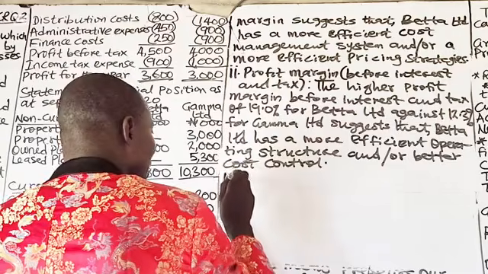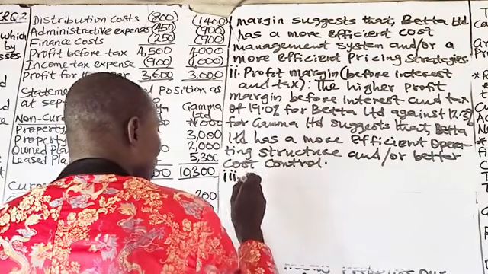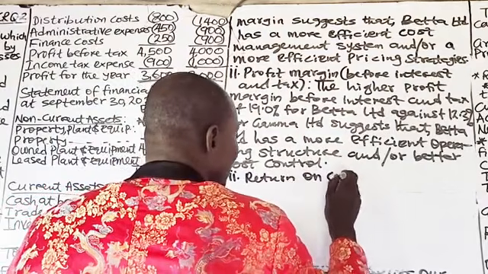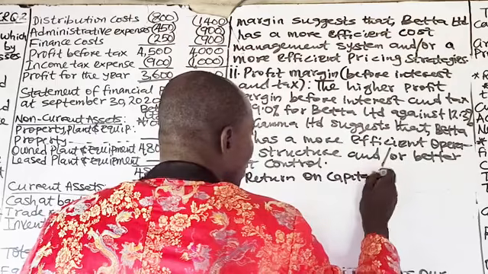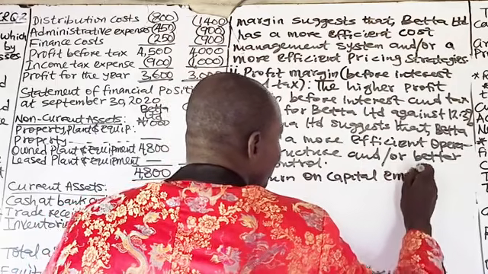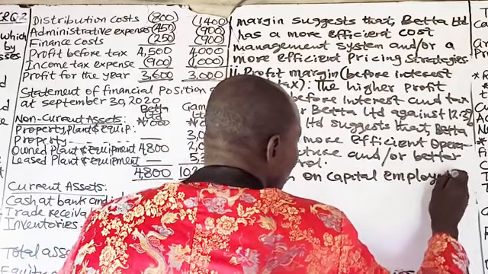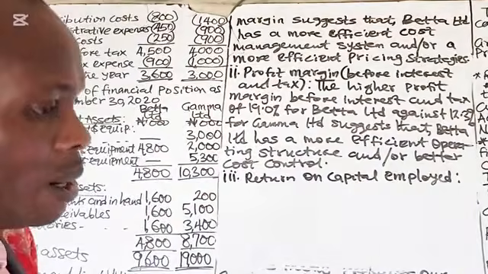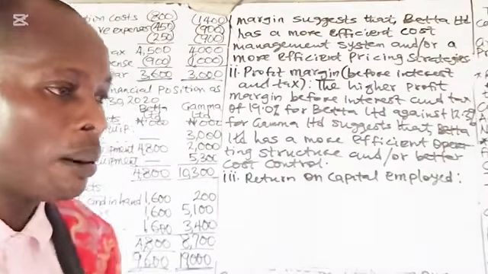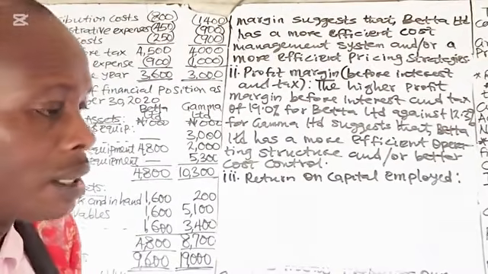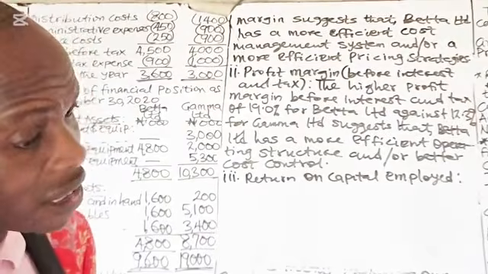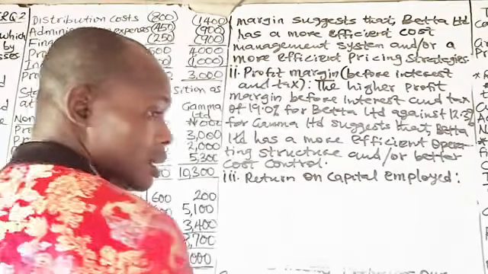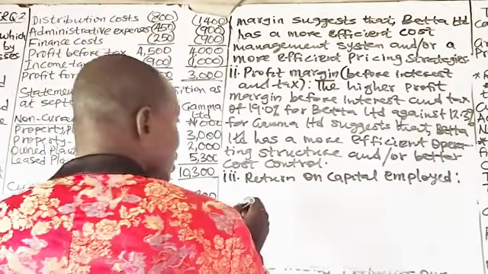Number 3, return on capital employed. The return on capital employed of Beta, which is 62.5%, is higher than that of Gamma Limited.